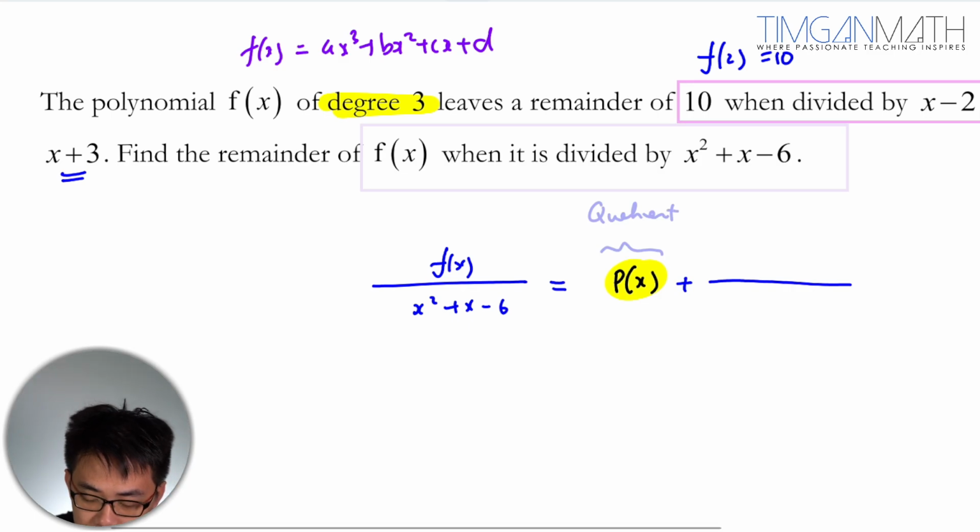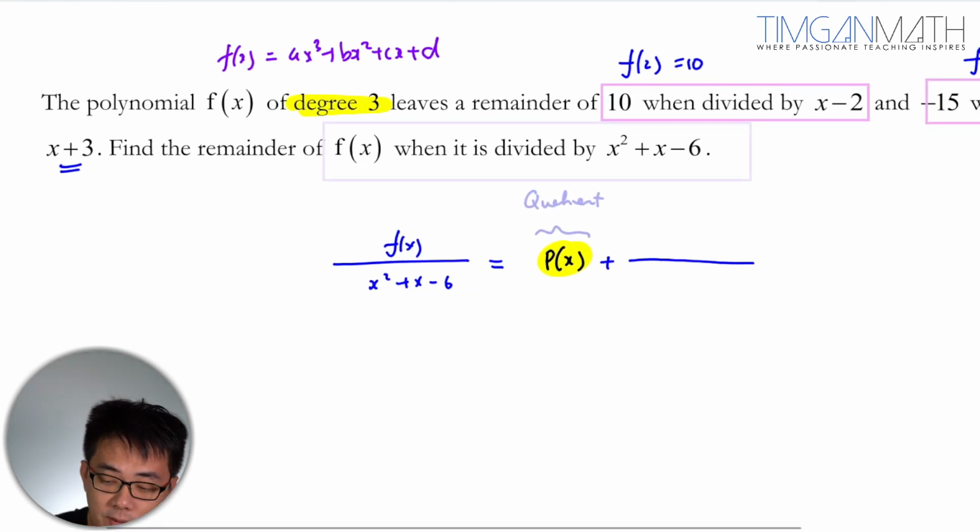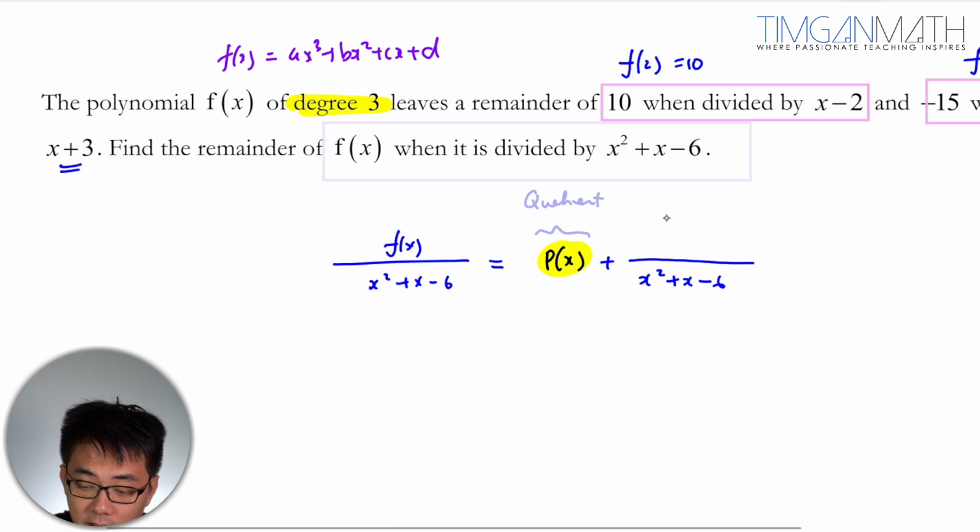And after it, you have x squared plus x minus 6 as the divisor, and you have a remainder here.